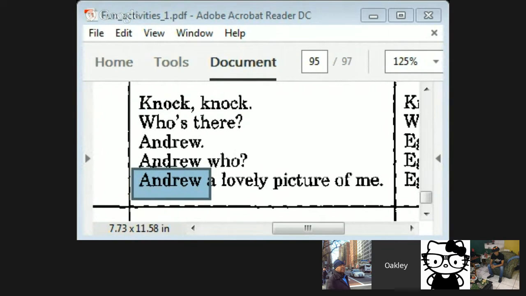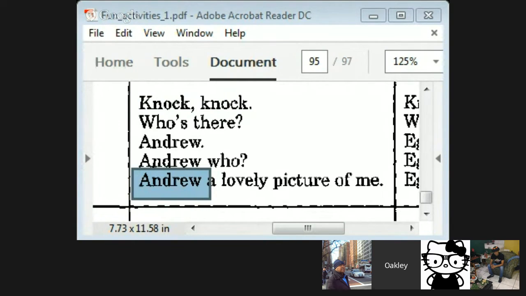As we looked at last class, it's very easy to join this voiced sound N and this voiced sound D because they're very close to each other physically when we pronounce them. Andrew.